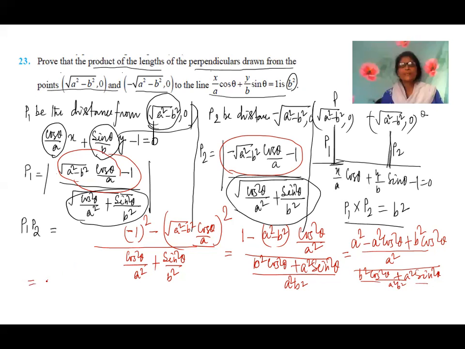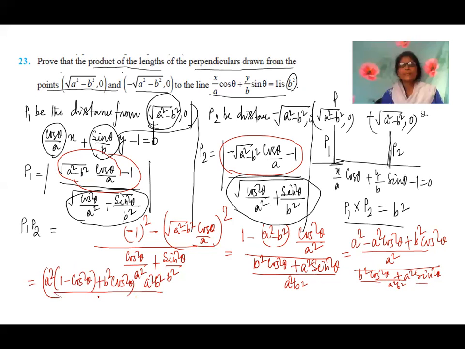In the numerator I take a² common: a²(1 − cos² θ) + b² cos² θ. Now a² b² will be multiplied here.